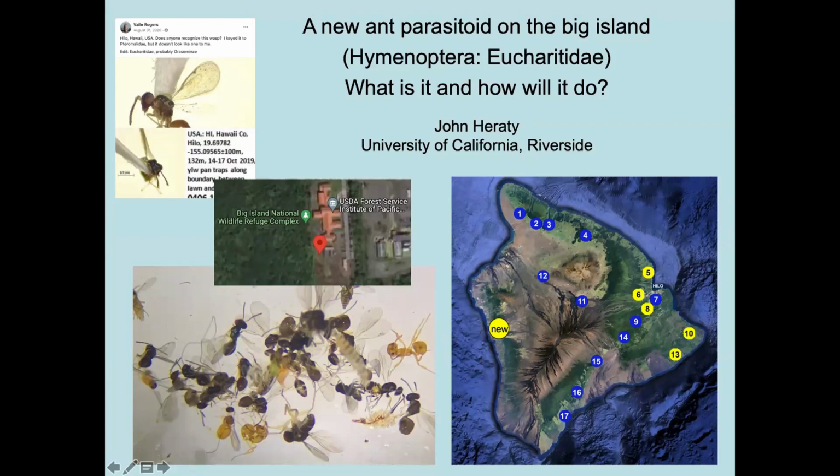That means he travels around different parts of the world. And he's also here on Big Island to study the ant parasitoids, especially, I think, little fire ant parasitoids. And he will be talking about a new ant parasitoid on Big Island, what it is and how it works. John. Well, thank you, Roshan, for inviting me.